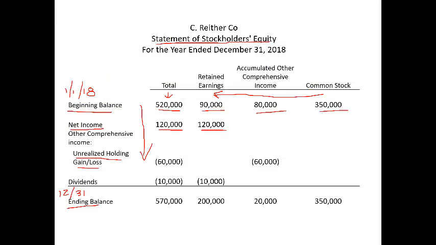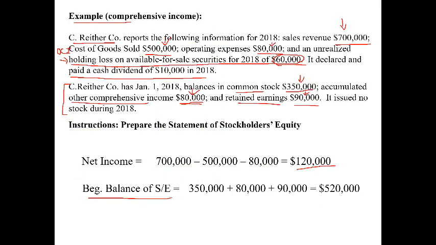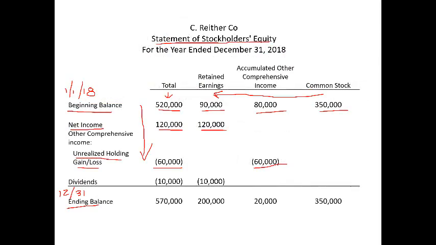That's going to reduce accumulated other comprehensive income by $60,000, and it's going to reduce our total stockholders' equity by $60,000. And then finally, we had dividends of $10,000. That's going to reduce retained earnings by $10,000 and total stockholders' equity by $10,000.